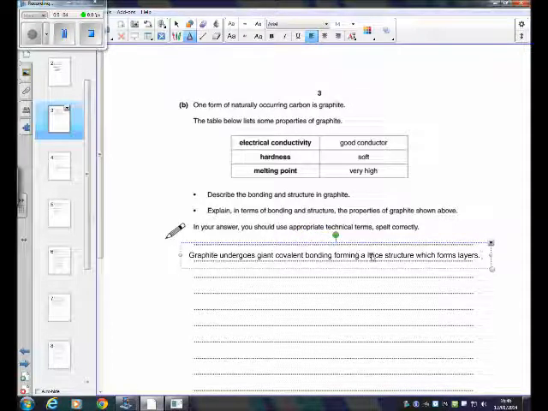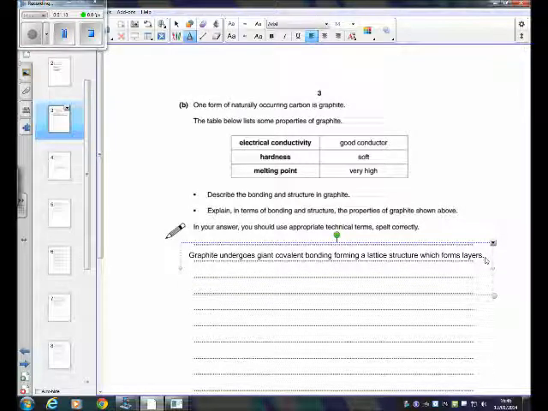Okay, so if you spell lattice wrong, you lose out, so make sure you get keywords spelled correctly. That would get you 2 marks. I'll show you where your marks come from in a second.